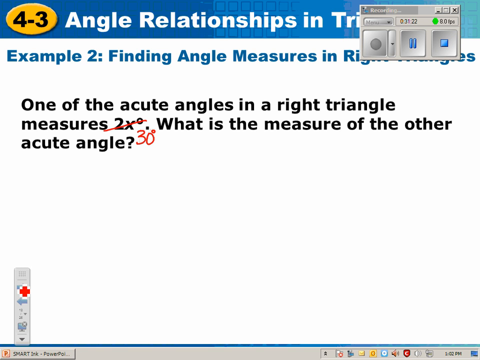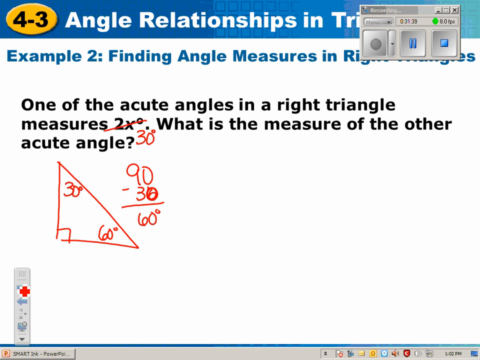Nope. One of the acute angles in a right triangle measures 30 degrees. What's the other one? 60, because 90 minus 30 is 60. So the other acute angle would be 60 degrees. Is everybody with me? Because the other two angles are complementary if you have a right triangle.